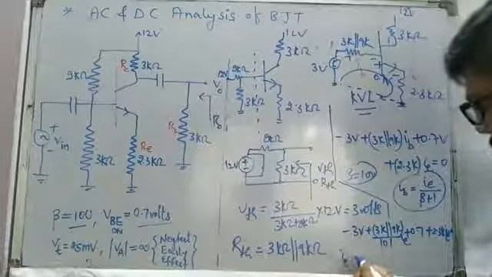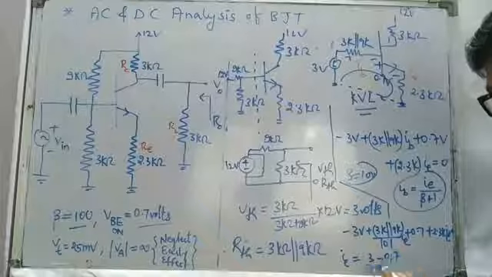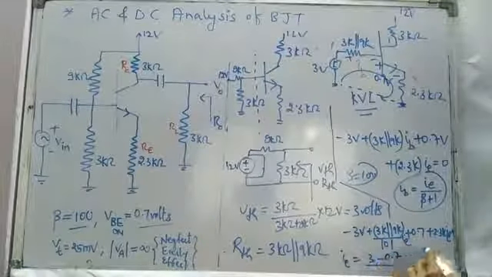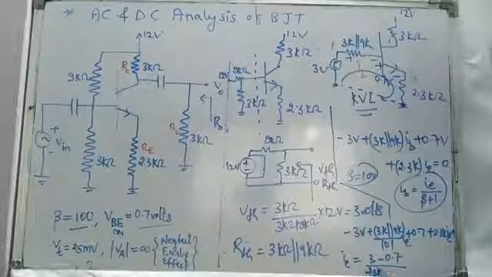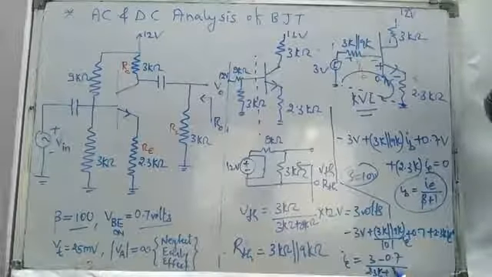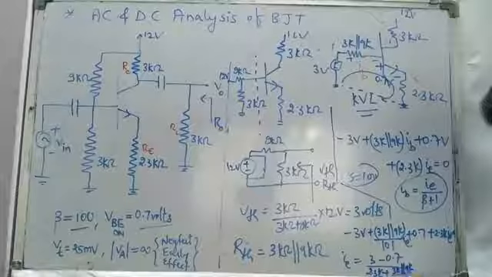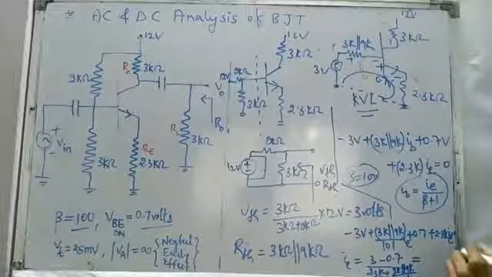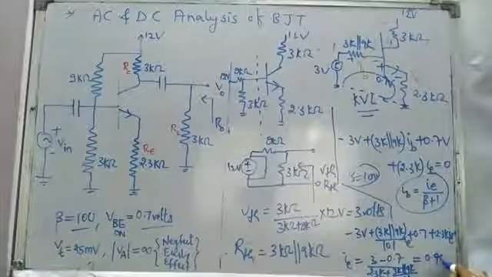So IE will be 3 minus 0.7, I have taken the 3 and 0.7 to that side, divided by 2.3k plus 3k parallel 9k divided by 101, and if you simplify this, IE will come as 0.98 milliampere.